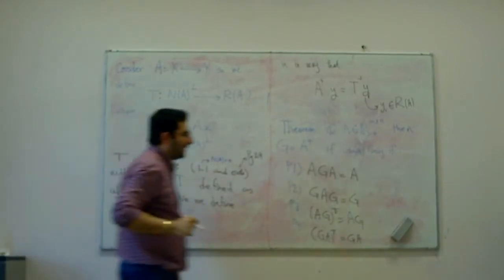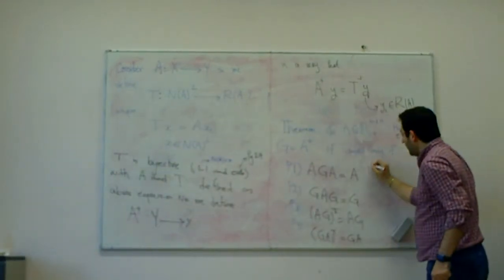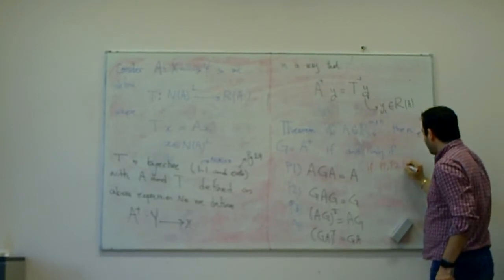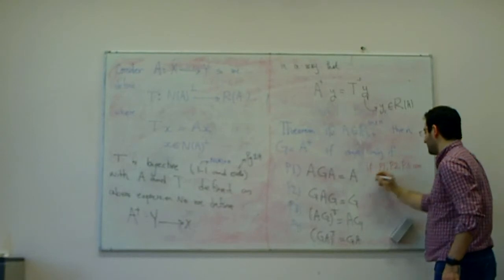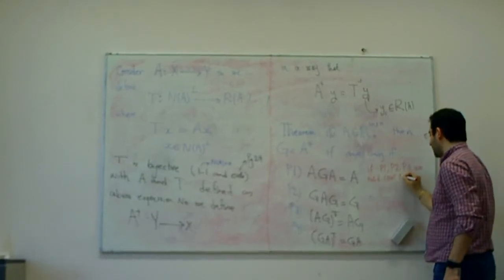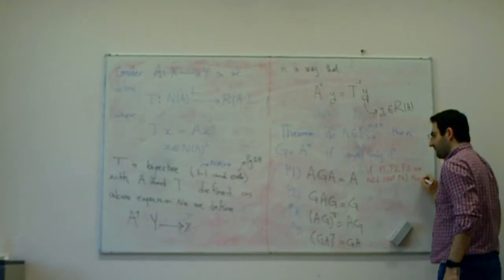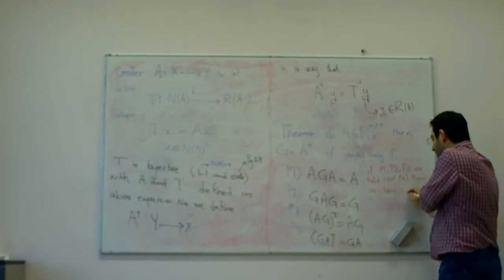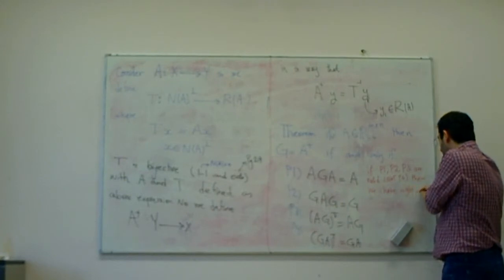Why are 3 and 4 very important? Because if P1, P2, and P3 are valid, but not P4, then we have a right inverse.